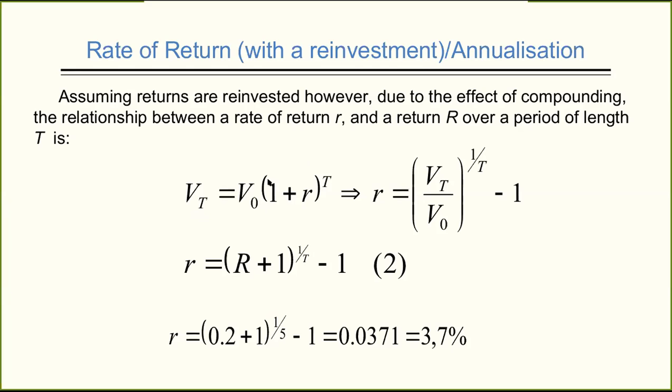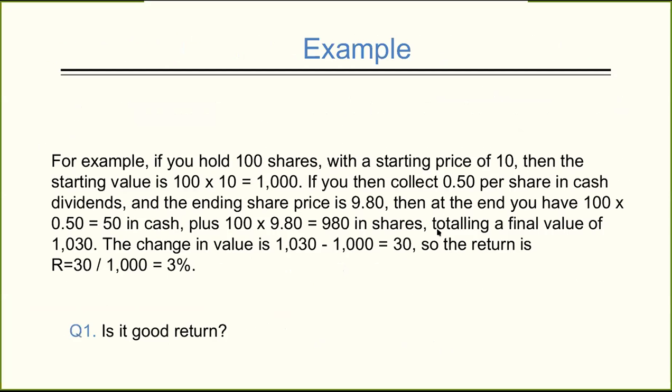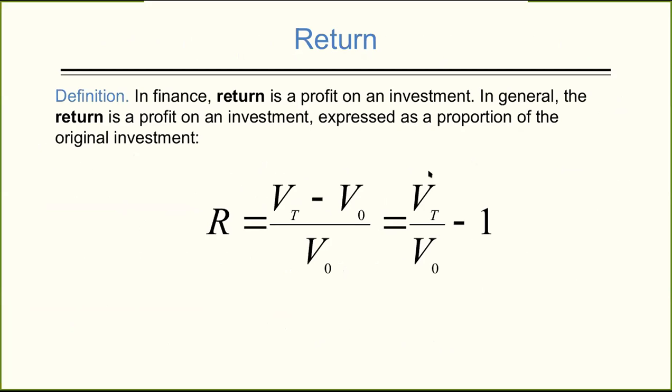Yes, this profit VT divided by V0, it's easy. So we have this formula, but maybe you remember that at this slide, from this formula we can find this proportion VT divided by V0.